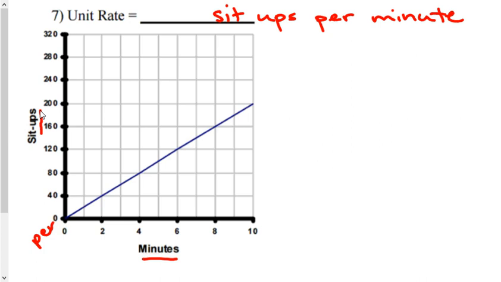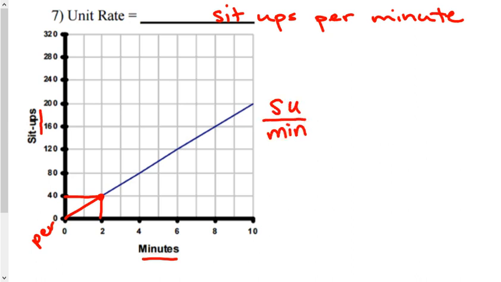Instead, what we should do is use a point that's definitely on where two of the black grid lines meet. So when I do that, I'm going to have to follow this blue line up, and right there they meet at a point where two grid lines meet. So when I look at that, that ratio is 2 minutes and 40 sit-ups.